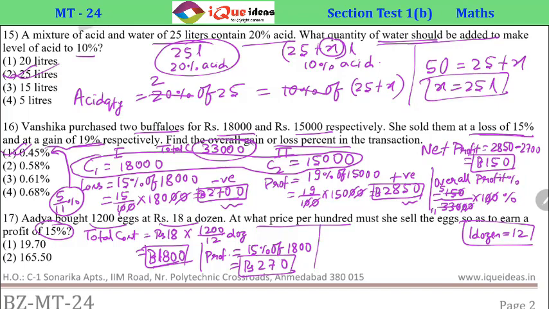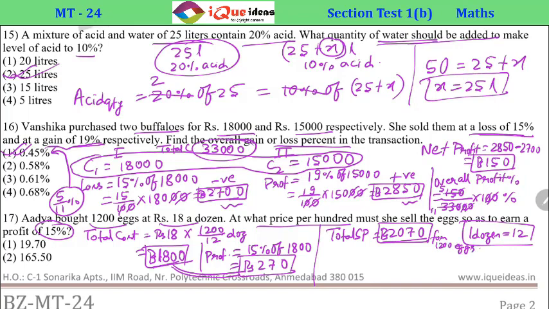Total cost is 1800. So the total selling price will be equal to profit plus the cost price. 1800 is the cost price, 270 is the profit. So it is 2070 rupees. Now what is the question asking? At what price per 100 must she sell? This is the total selling price for how many eggs? For 1200 eggs.